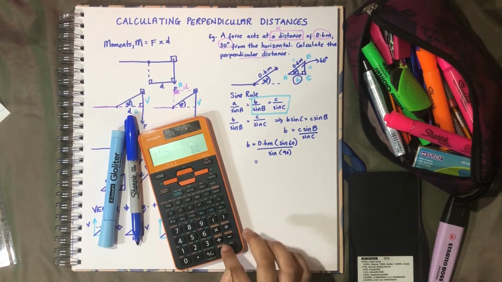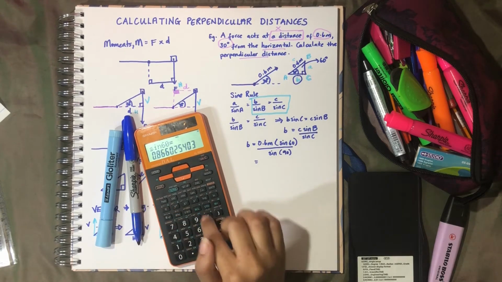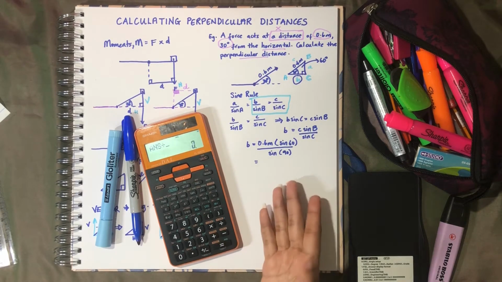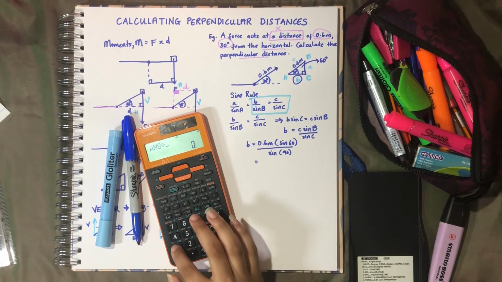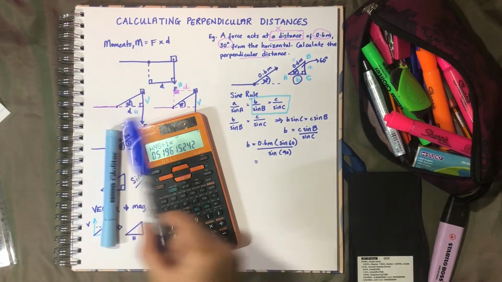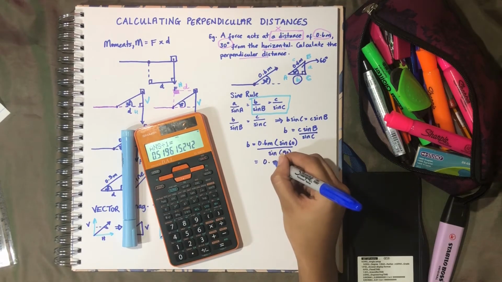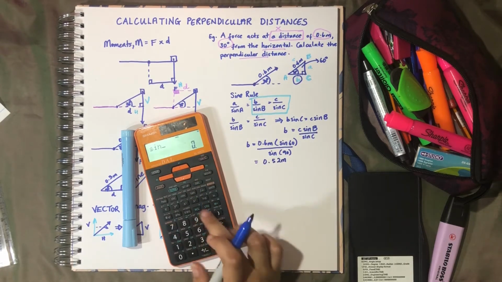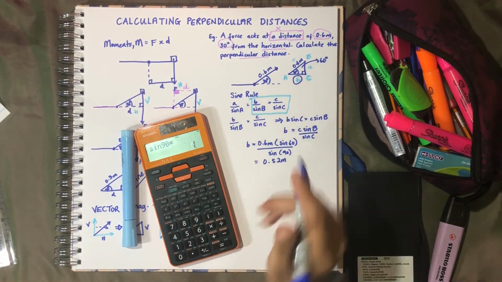Sine 60 multiplied by 0.6 is equal to 0.51, and we know that sine 90 is 1. So that would be around 0.52 meters. Let me just double check sine 90. Good.